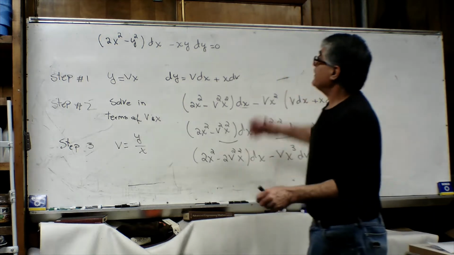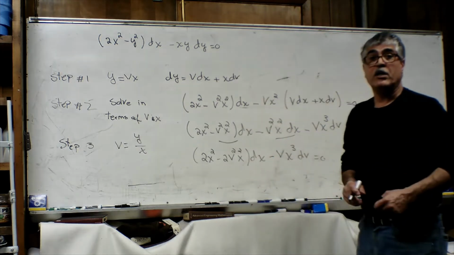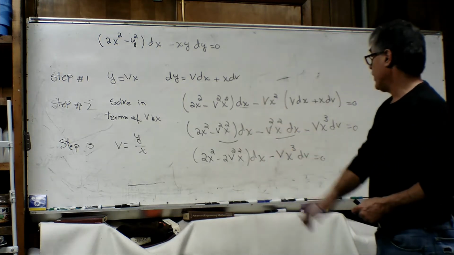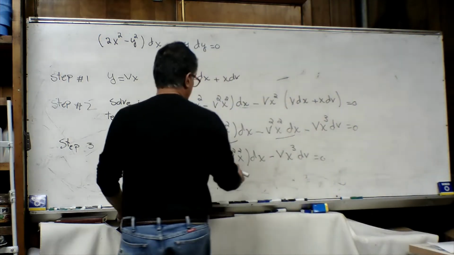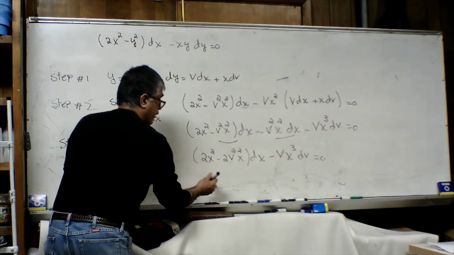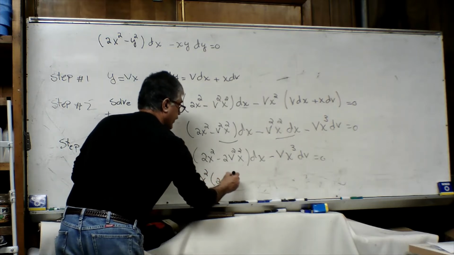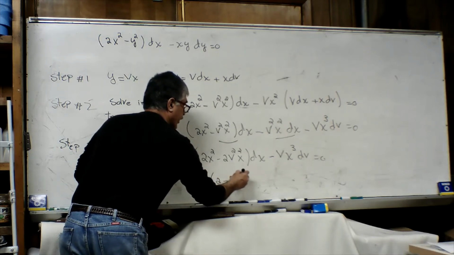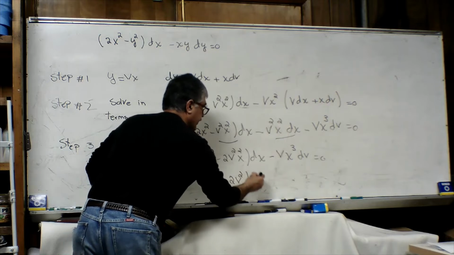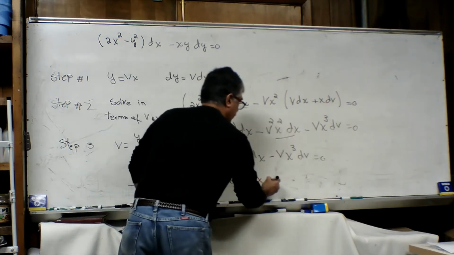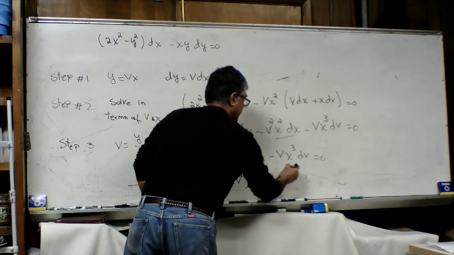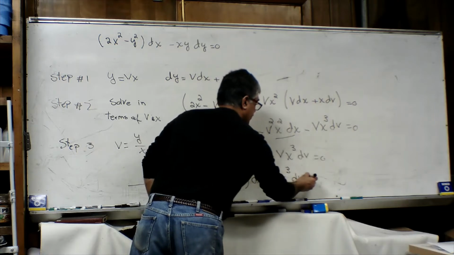Now we have transferred this equation into a separable differential equation. So let's rewrite this part as x squared times 2 minus 2v squared dx minus vx cubed dv is equal to 0.